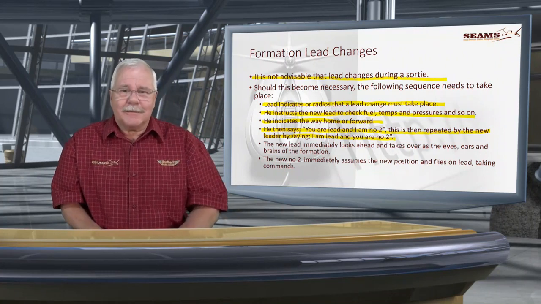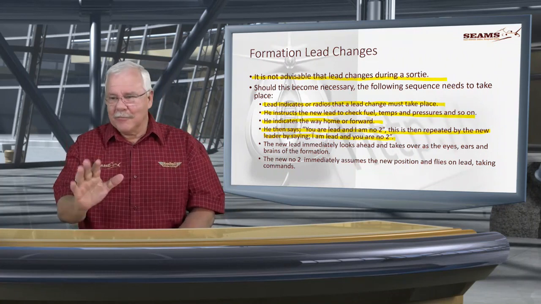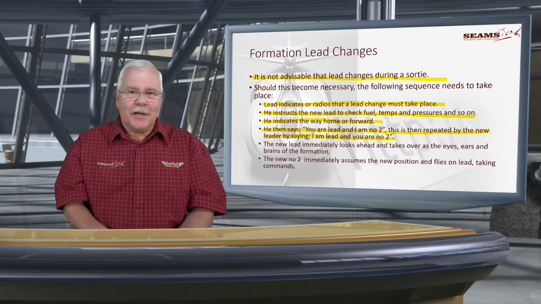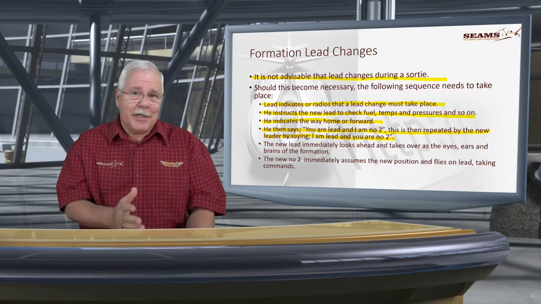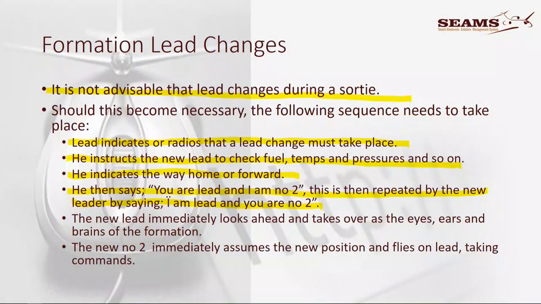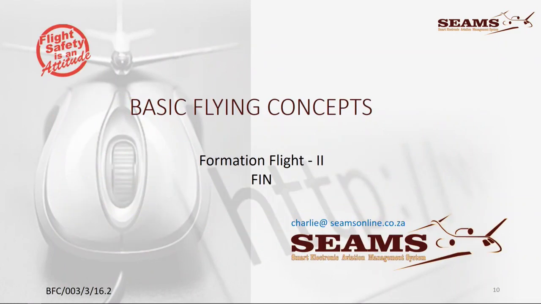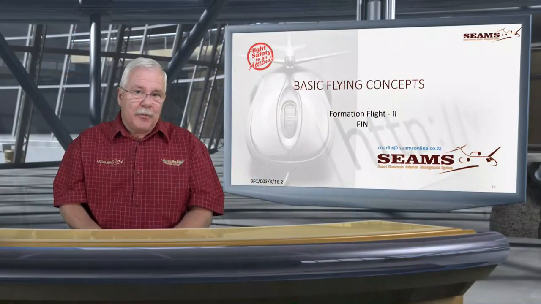You know, line astern, go. Line abreast, go. Whatever. Echelon starboard, go. Echelon port, go. And the new lead immediately looks ahead, and he now becomes the brains. Number 2 immediately assumes the position and flies on the lead. And that is obviously seriously important.